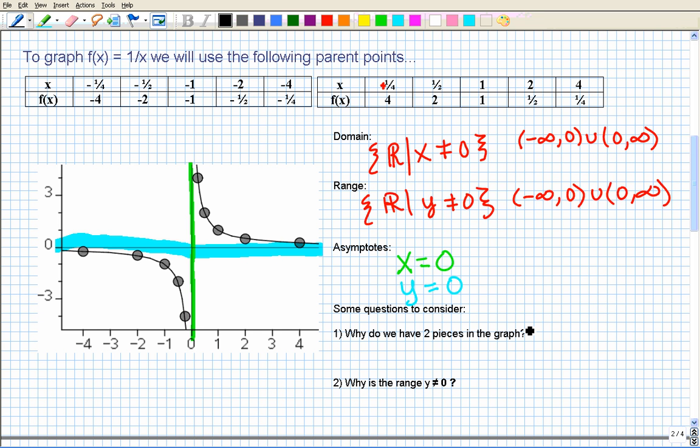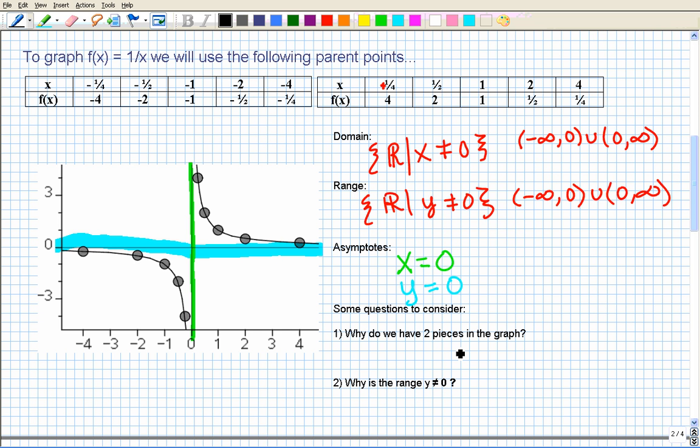So there's a couple of things to consider. Why is it that we have two pieces in this graph? We've got this right-hand side, we've got this left-hand side. Well, x cannot be equal to 0, which is why we have that vertical asymptote. So that will split it into 2 pieces right away. And then also, why is the range y not equal to 0? Listen carefully to this.